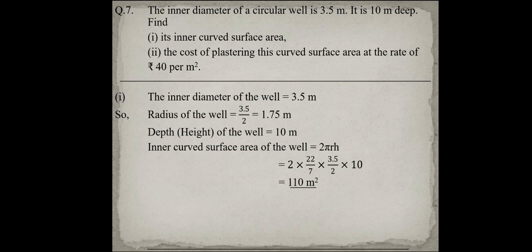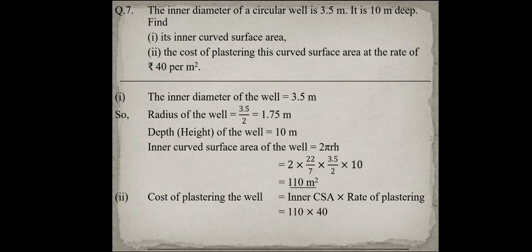It means to find the cost of plastering, we will multiply the inner curved surface area by the rate of plastering, 110 into 40, that equals rupee 4400. So the cost of plastering the inner side of the well is rupee 4400.